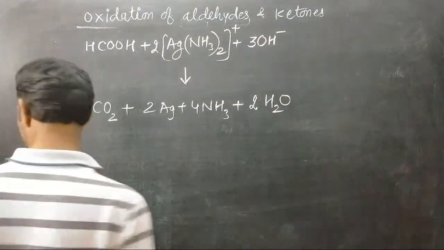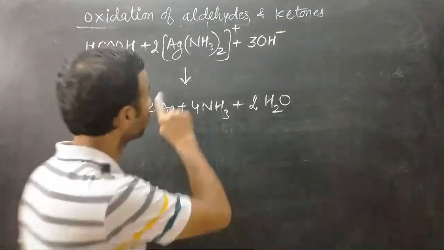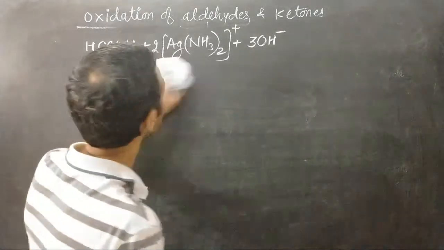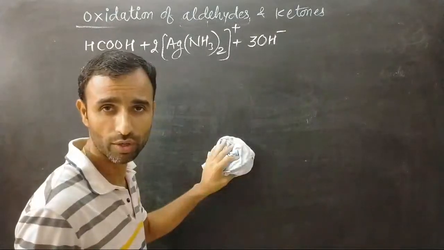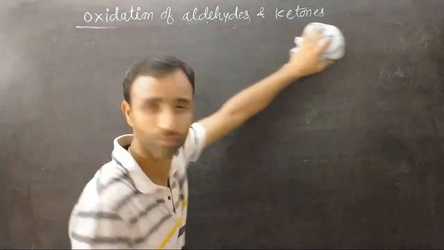Only formic acid will react with Tollens reagent. It will not react with Fehling solution or others. Okay, only formic acid.